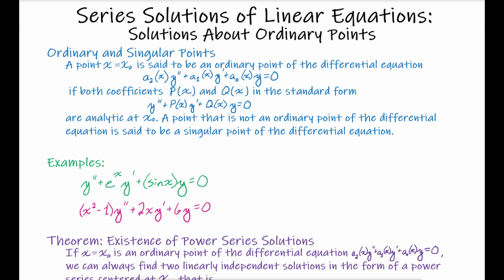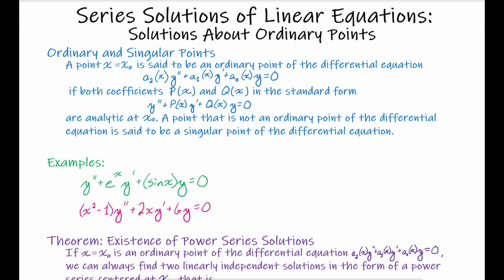So some functions that you might think of right off the top of your head that we could differentiate over and over again, perhaps e to the x, that when we differentiate it, we get e to the x, and that'll continue to be the case no matter how many derivatives we take. Or sine of x becomes cosine of x, and then becomes negative sine of x, which becomes negative cosine of x, which becomes sine of x, and so on.